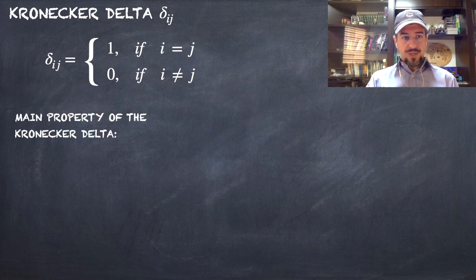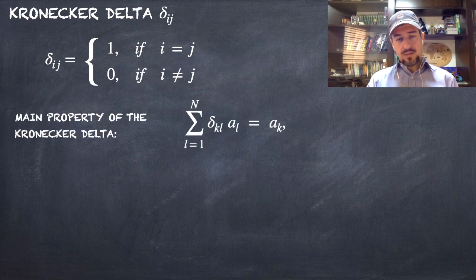The main property of the Kronecker delta is this: the summation of the product delta_kl A_l, with l coming from 1 up to n, is equal to A_k. So take a look at this.